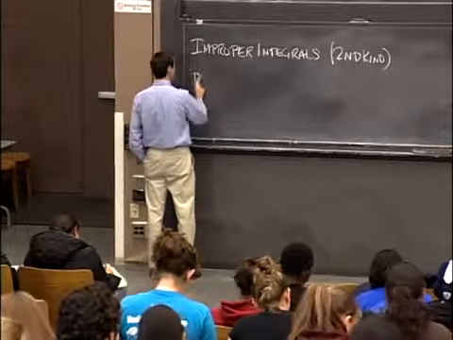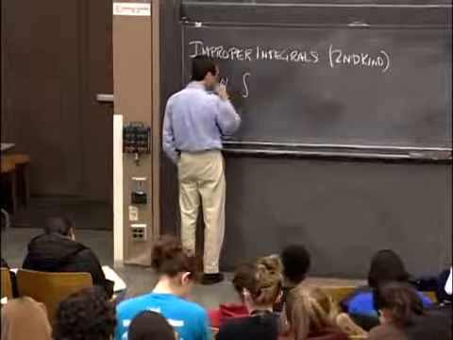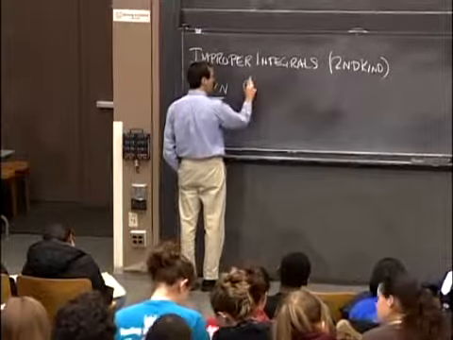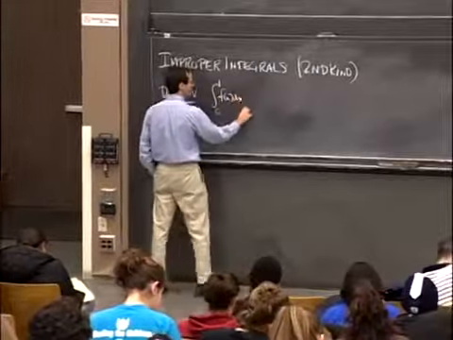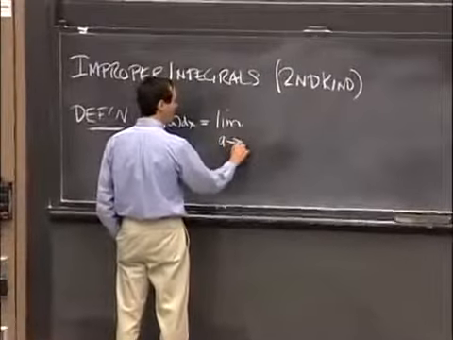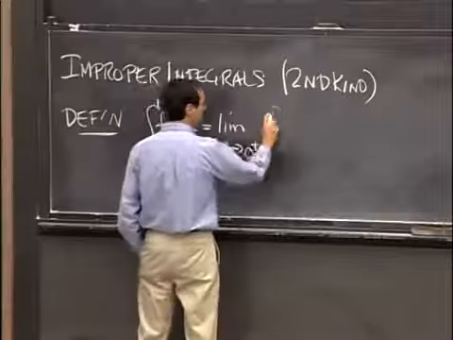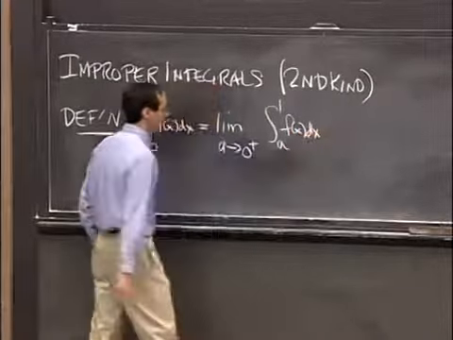So here's the definition, if you like. Same sort of thing as we did when the singularity was an infinity. If you have the integral from 0 to 1 of f of x, this is going to be the same thing as the limit as a goes to 0 from above of the integral from a to 1 of f of x dx.